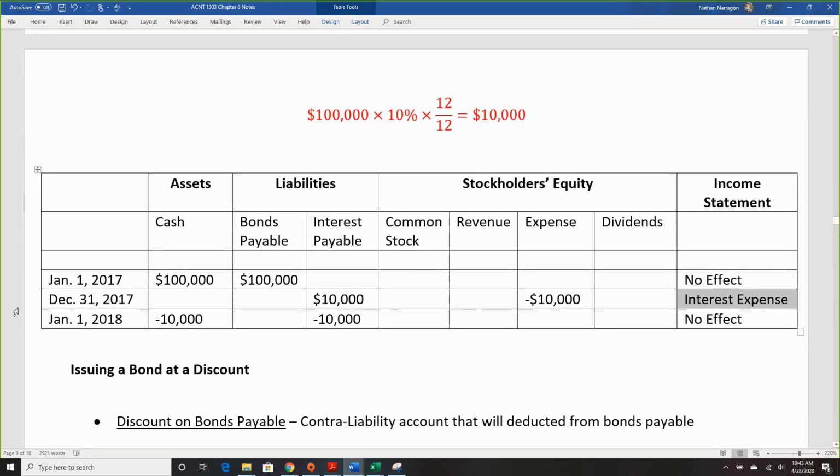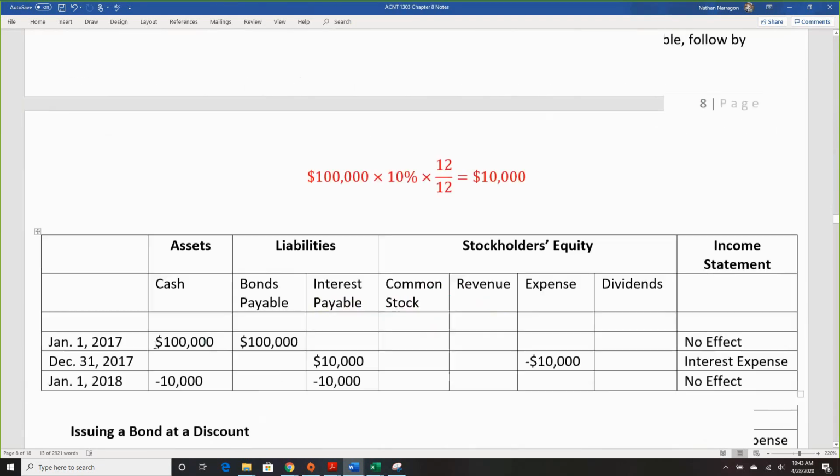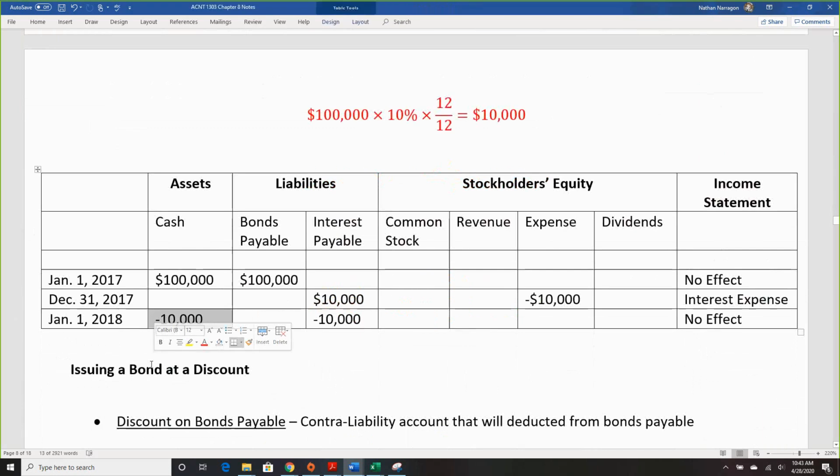And then January 1st, 2018, that's when they make the payment, only for the interest. Okay? So cash will go down by 10K, because again, we're paying the interest, so our interest payable will also decrease by 10,000. Okay?